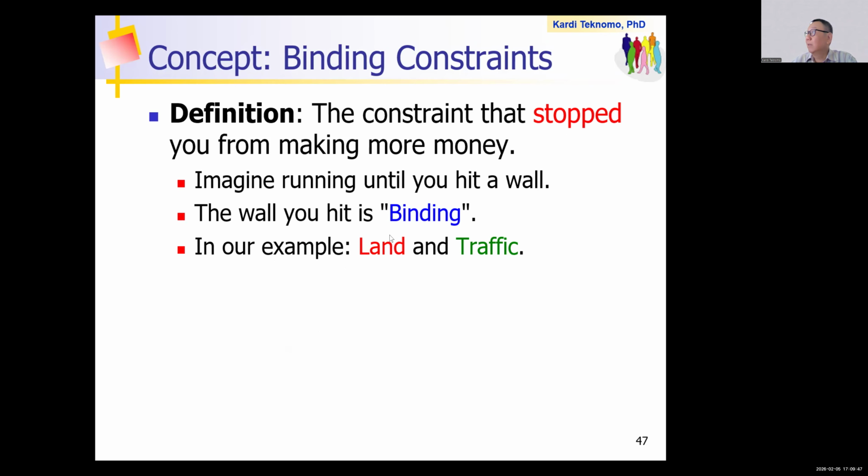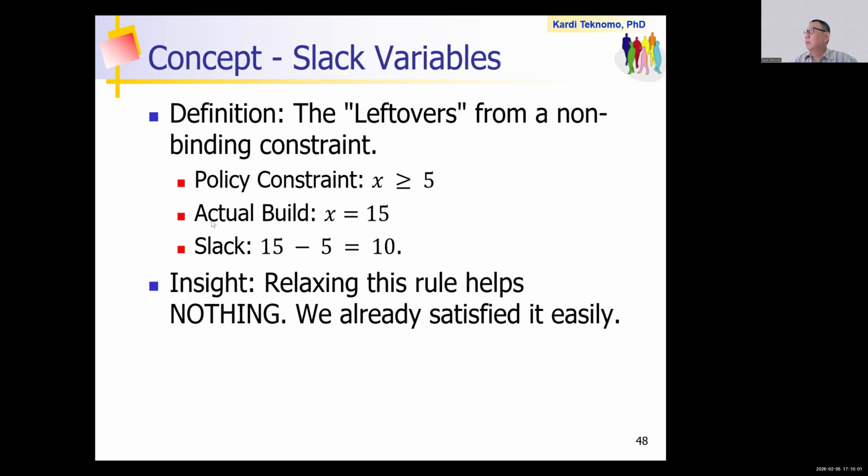Okay, so binding means the optimal point is actually passing those constraints. So if it is non-binding, then you will have what is called slack.